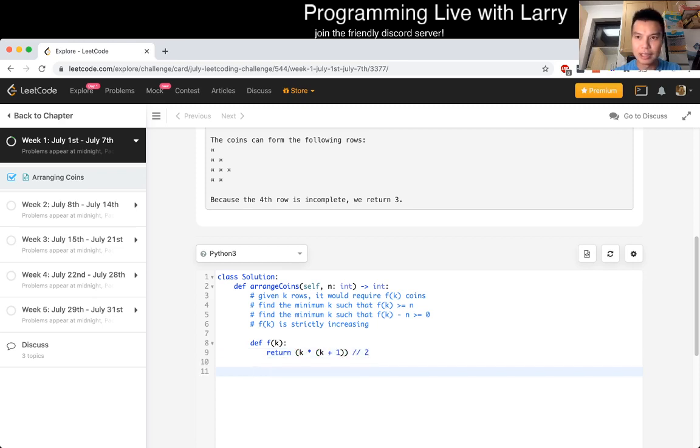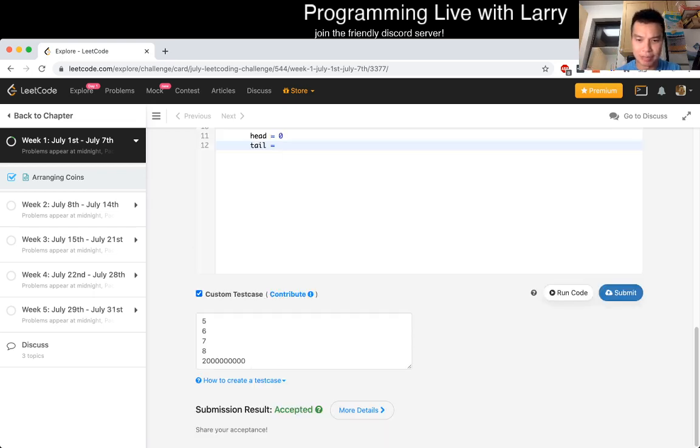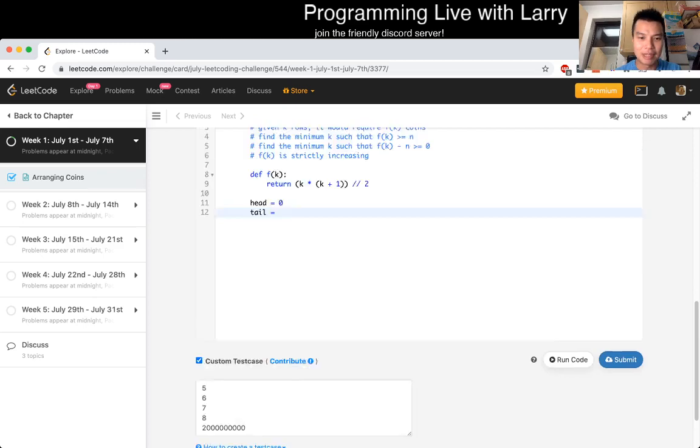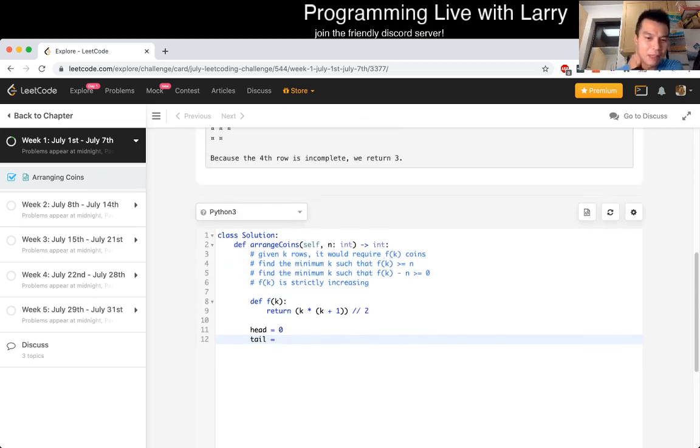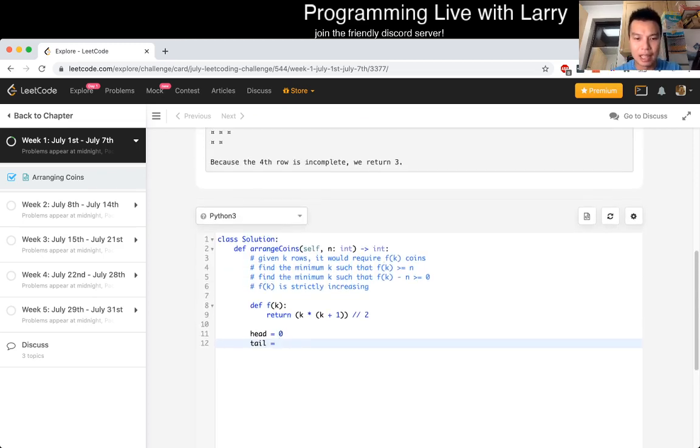And then now we start with head. I always call them head and tail. You could name them however you like. So for tail, we know that it's roughly the square root of 2 billion, though I actually forgot what it was. But you just pick a big enough number, and that should be okay, as long as it's bigger than the square root of 2 billion minus some constants.